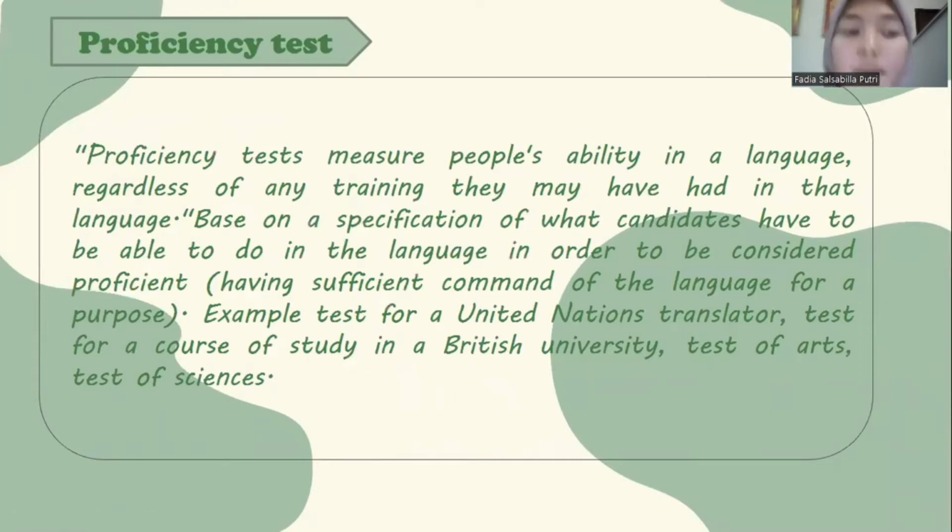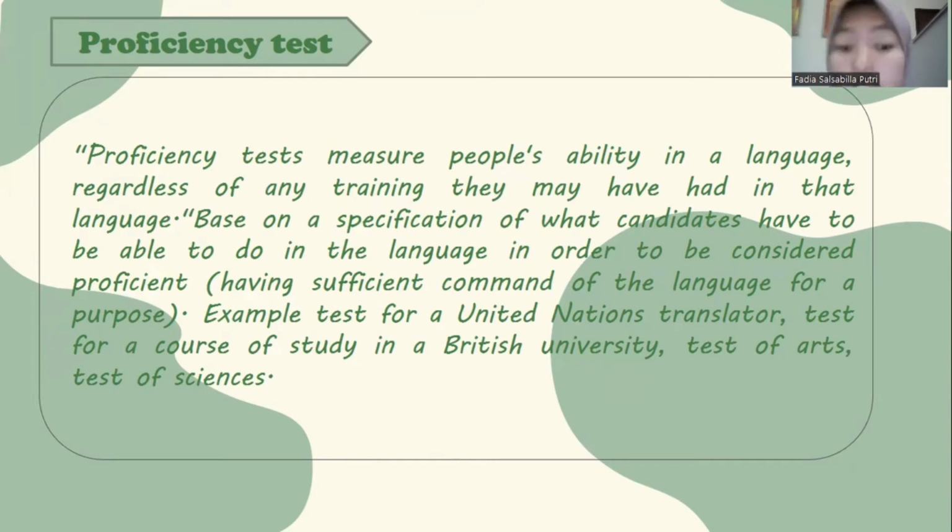Proficiency test. Proficiency tests measure people's ability in a language, regardless of any training they may have had in that language, based on a specification of what candidates have to be able to do in the language in order to be considered proficient.